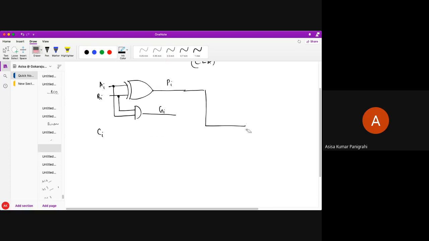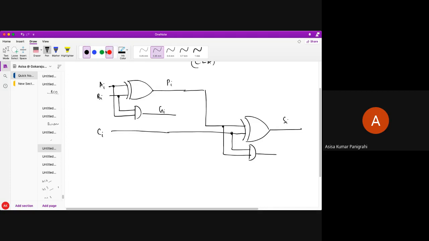This goes to another XOR and it gives the sum Si. So this is my A XOR B XOR C, which gives me the sum of the full adder. Now this and this AND gate. So these two are my half adders. This is half adder 1, this is half adder 2.